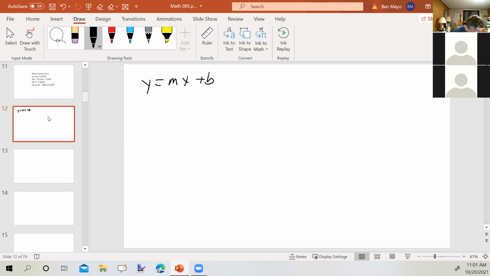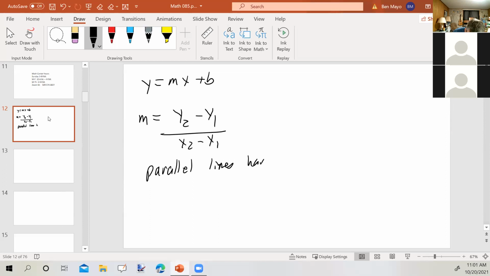We just applied that. There's the slope formula, y sub 2 minus y sub 1 over x sub 2 minus x sub 1. There is the fact that parallel lines have the same slope.